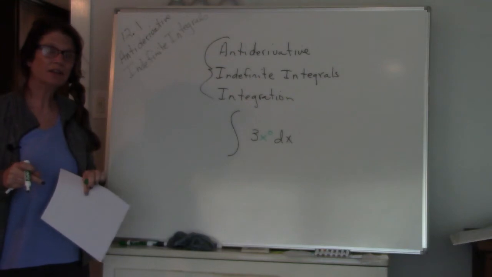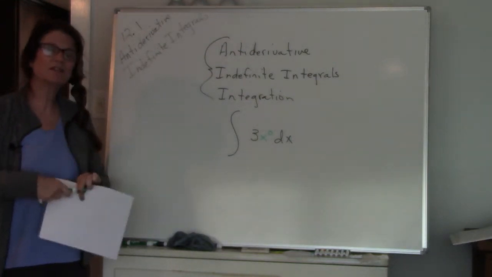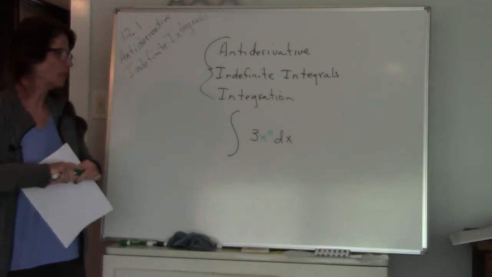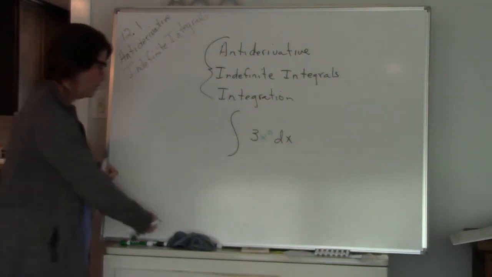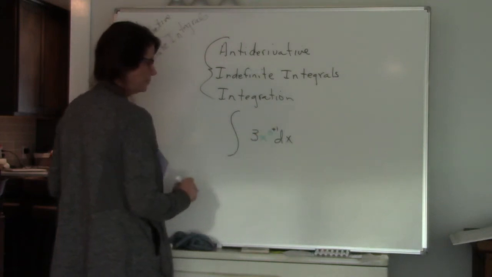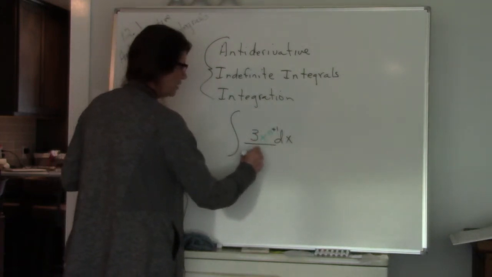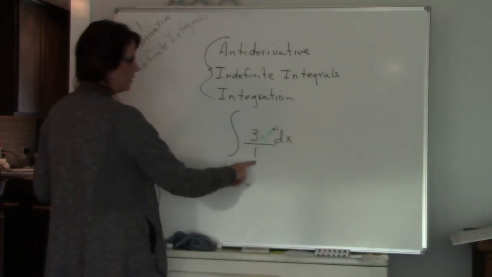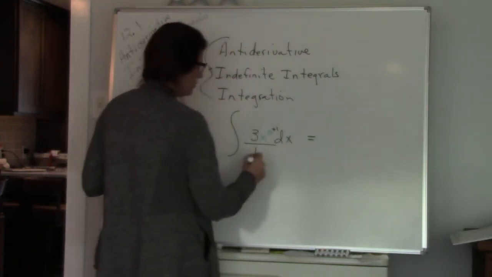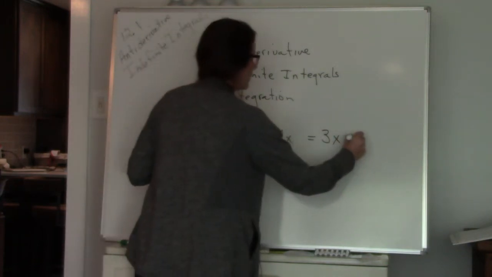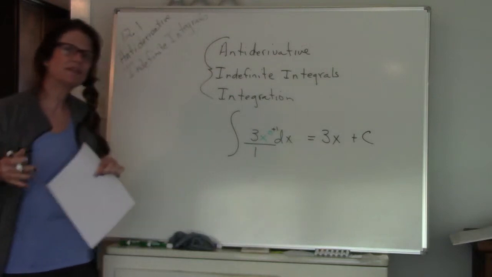It's not there, it doesn't show it, but it is x to the 0 power, because x to the 0 power equals 1. So that's actually saying 3 times 1. So you add 1 to the exponent and divide by the new exponent. 0 plus 1 is 1, so I'm dividing by 1. So my antiderivative is 3x. Now, I have to have the plus c.